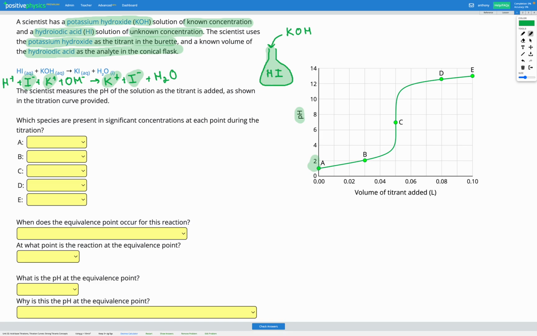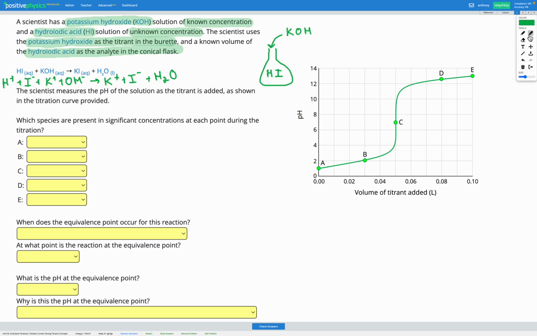That's the moment where the acid in the conical flask has completely reacted with the added potassium hydroxide. And therefore the pH is going to be 7 since we have a strong acid and a strong base. So that's going to be this point here. Then we keep adding potassium hydroxide and our pH is going to keep increasing up to numbers higher than 7, showing that we have a basic solution.